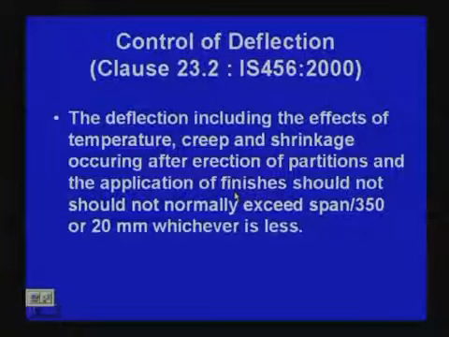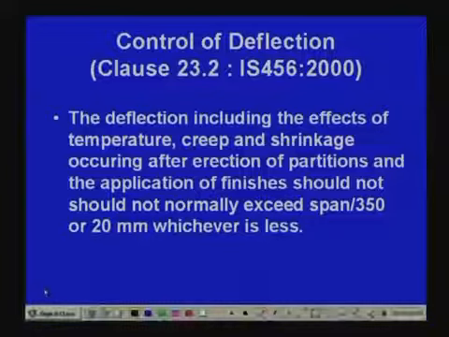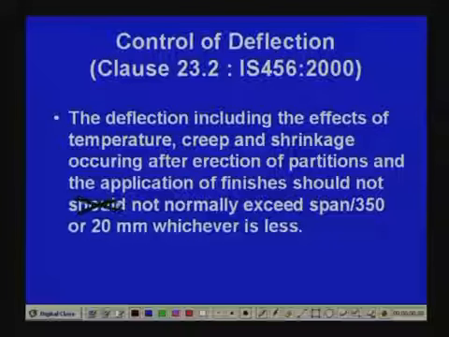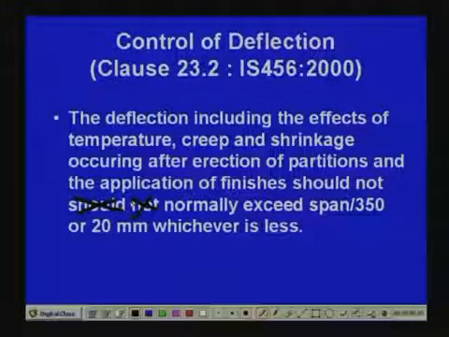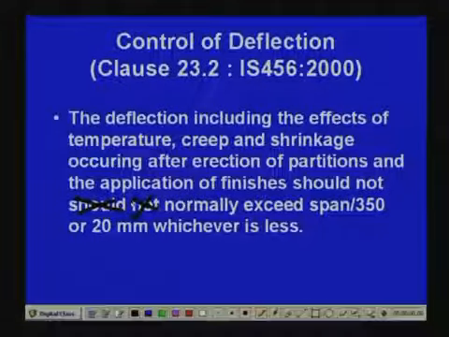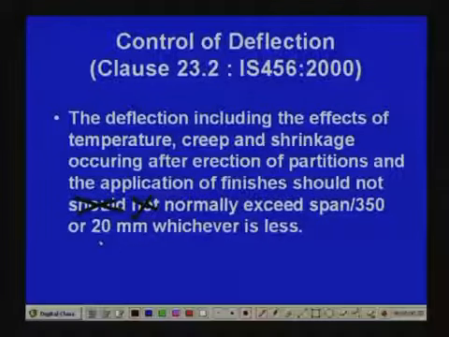That means partitions or any other final work and finishes, should normally not exceed span by 350 or 20 millimeter, whichever is less. So you should remember that span by 350 is the maximum allowed deflection, or 20 millimeter, which is specified, that in no case should it be more than 20 millimeter.